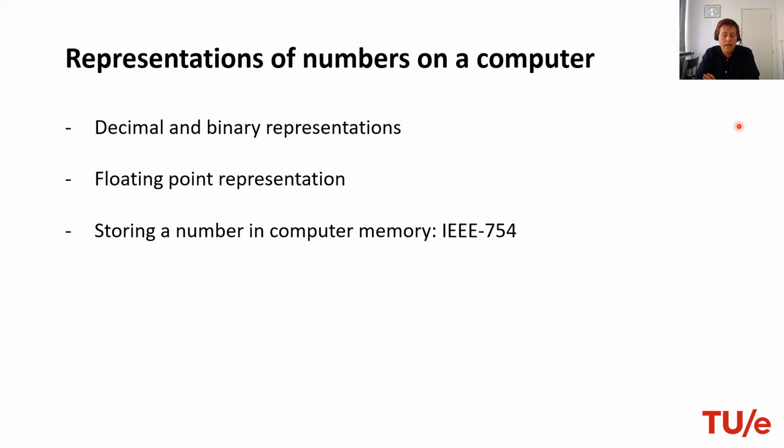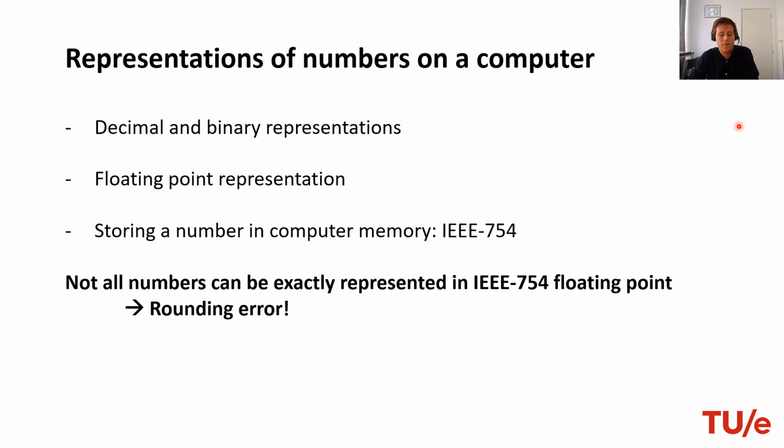One of the key points I wanted to make throughout this video is that not all numbers can be exactly represented within this standard, so there is rounding error. Some numbers simply do not have a finite binary representation, like the number 0.1. Some numbers are too small, which is when you have underflow.